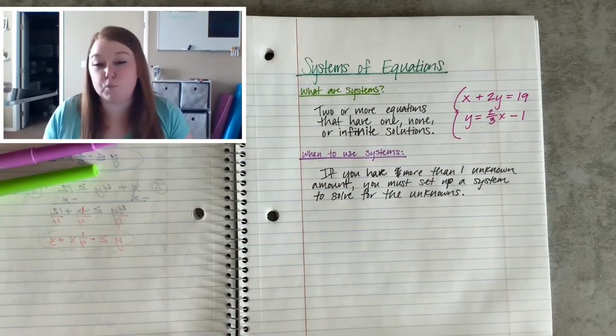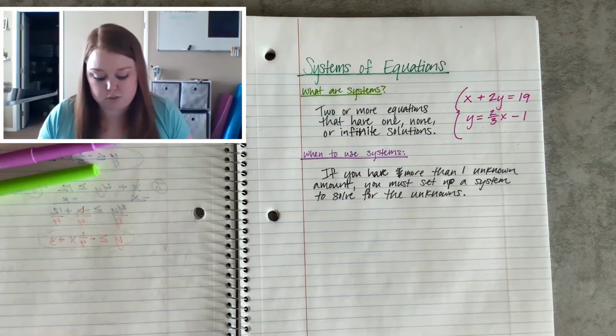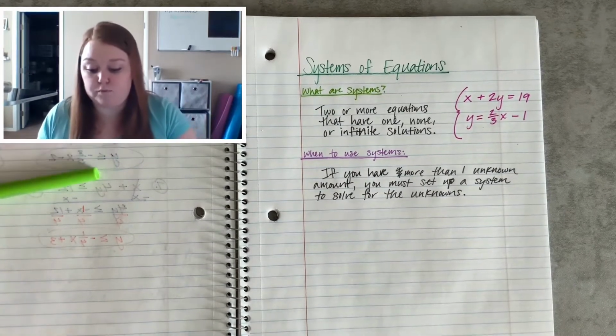Okay, so if you have more than one unknown thing, you have to set up a system or else you won't be able to solve for more than one variable.